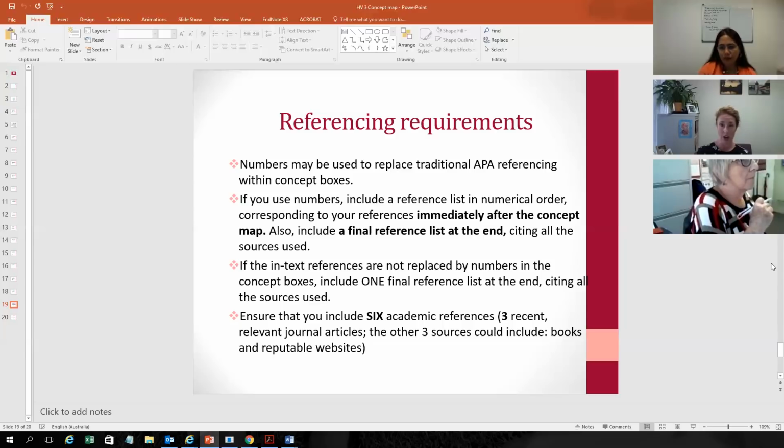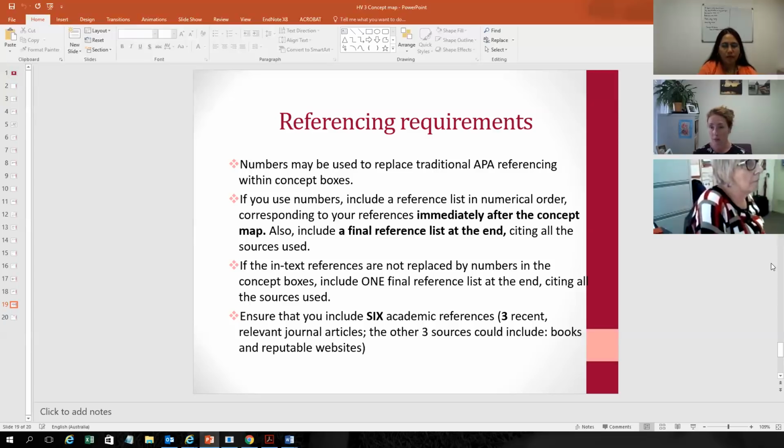That's perfectly fine. Have 1 reference list following your concept map, so that will be in numerical order, and then the reference list for your question and answers should be in normal APA style. And that's quite all right to have 2 reference lists, even if you use the same references in both of those, or if they're a little bit different, then that's fine.